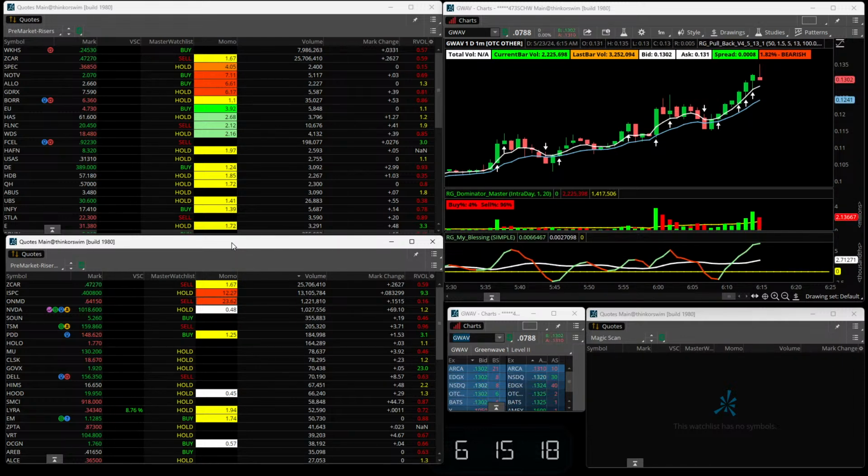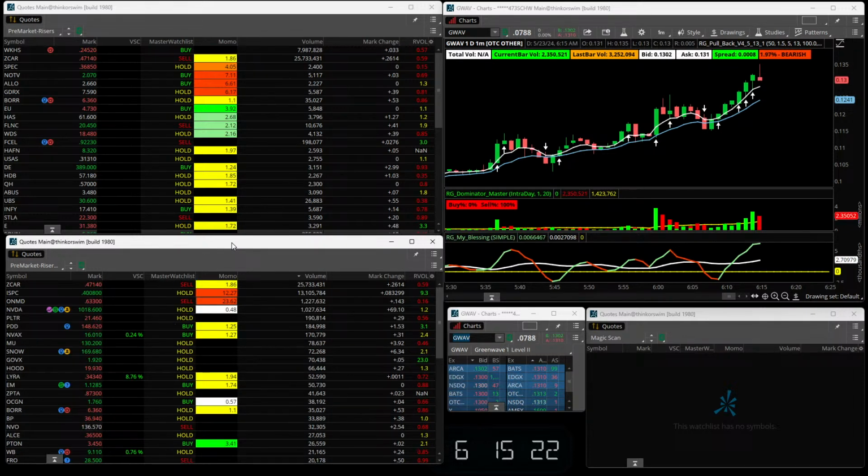Someone took profits right there. Spike down. I think what happens there, someone sells a big lot size, but someone buys it right up.